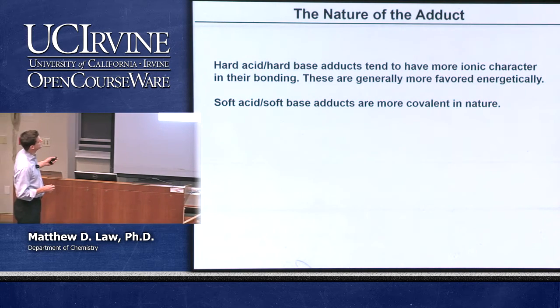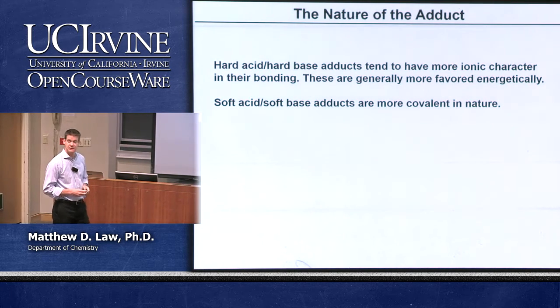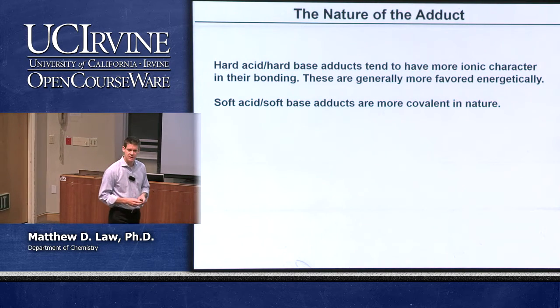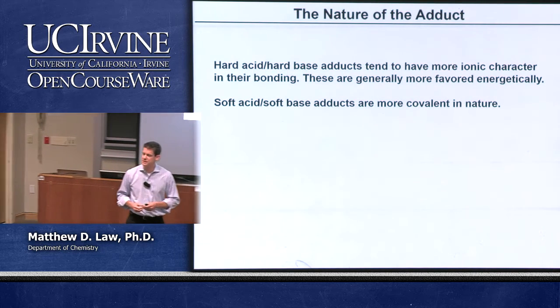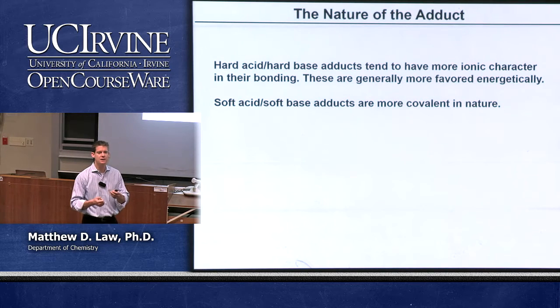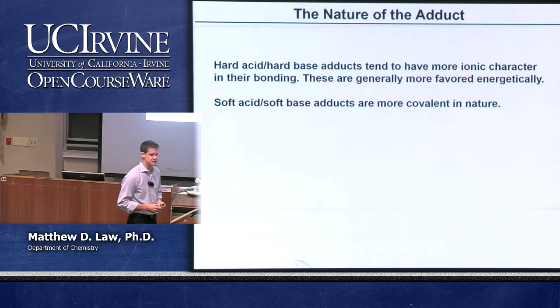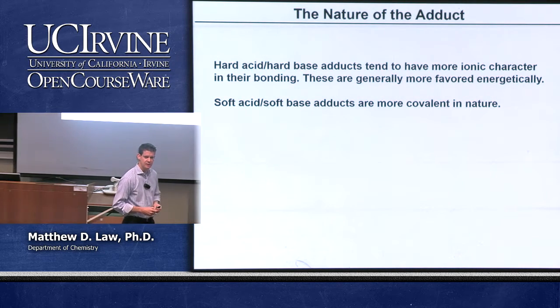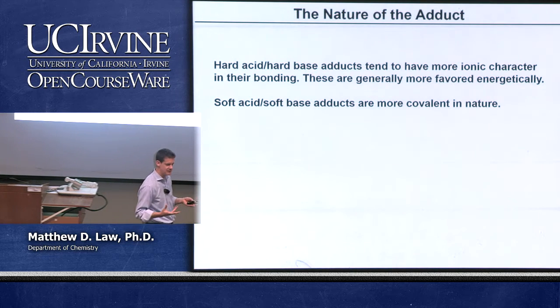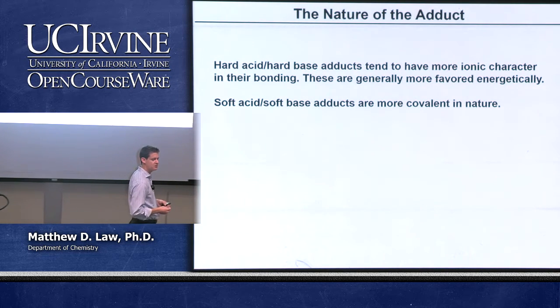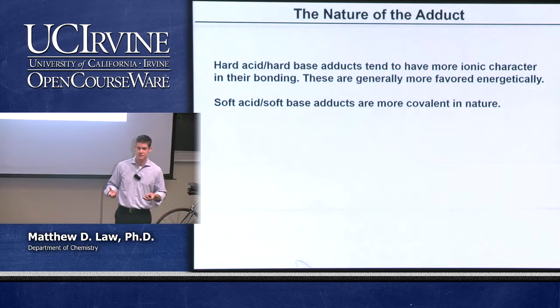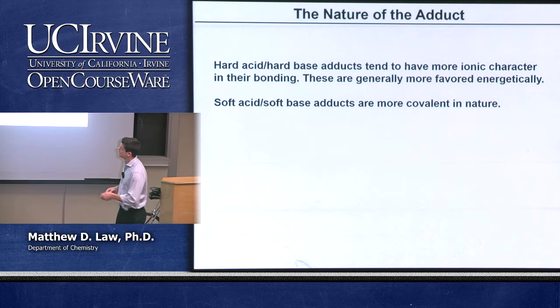Basically what it boils down to in this picture is that when you have hard interactions, you have very low polarizability, and you're talking about ionic interactions with these pairings. So you have good ionic-like interactions with hard, and this leads to strong bonding.